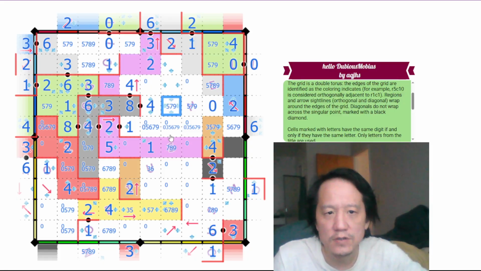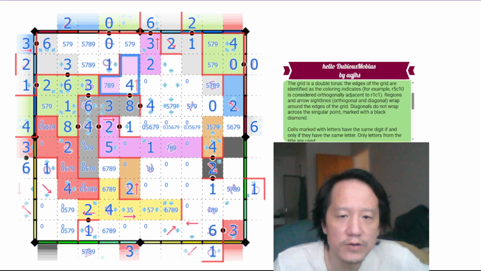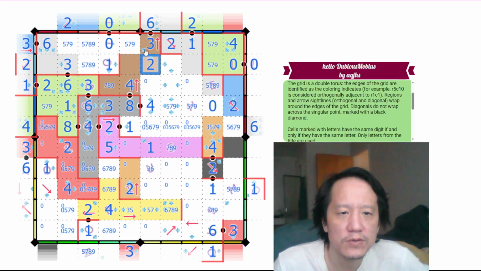Okay, so obviously these are different. This must go here, so this must be this. Okay, well, we don't want those as double pink. Okay, let's add a color. We'll make this brown.